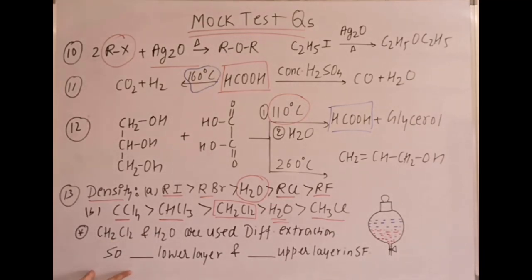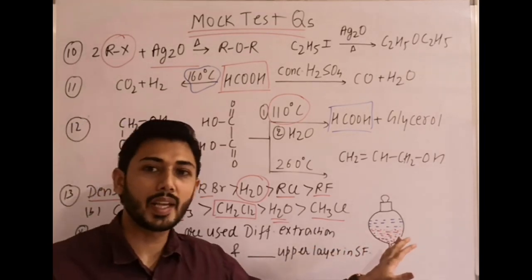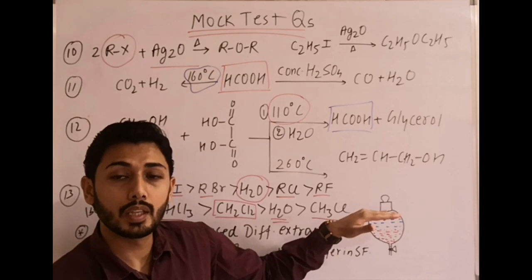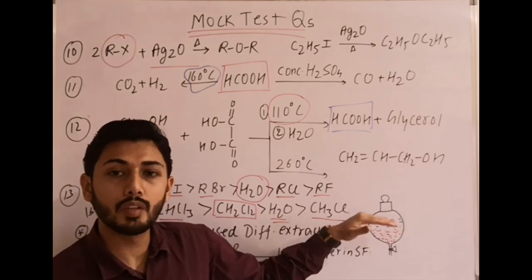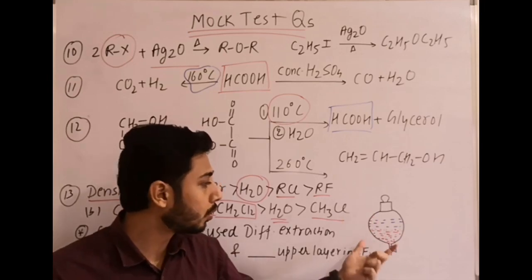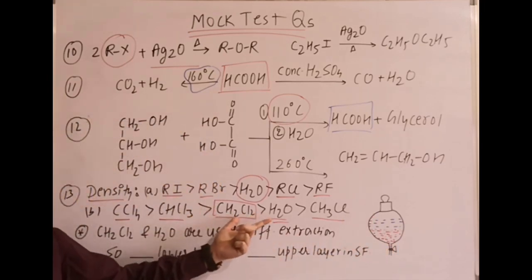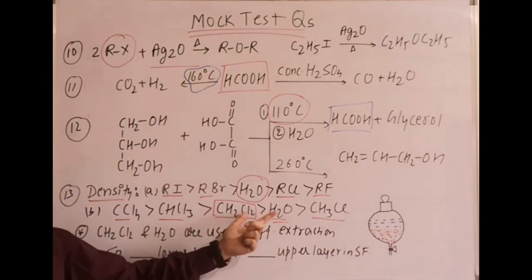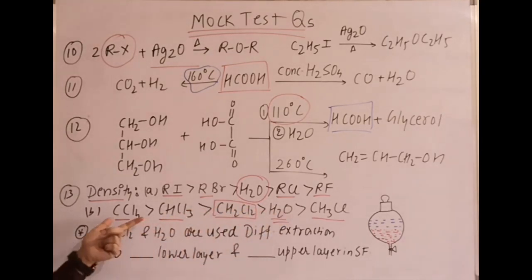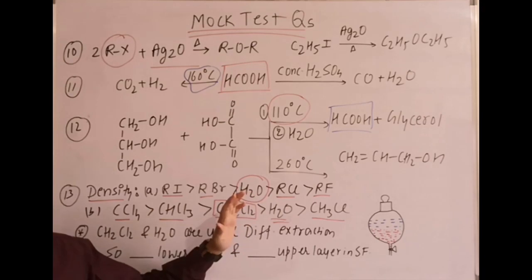In the separating funnel, like this rough diagram I have made, which component will be in the upper layer and which in the lower layer? We know that the density of DCM, dichloromethane, is more than water, as is chloroform and tetrachloromethane.